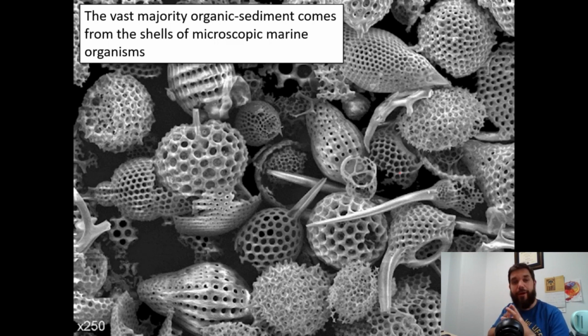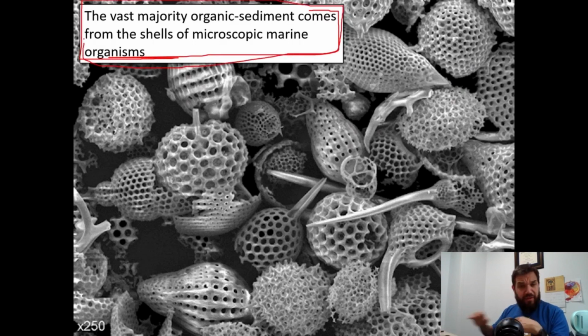You spell it the same way. Those tests, those little microorganism shells, can become sediment over time. Sediment is just any loose material that's settled onto the seafloor, right? In this case, it could be shells, tests, along with rocks and minerals. So the vast majority of organic sediment comes from the shells of microscopic marine organisms.